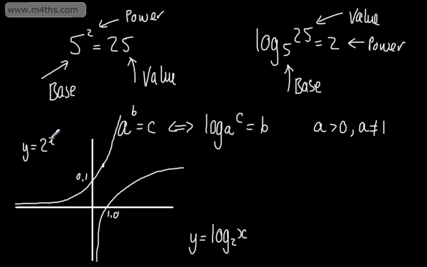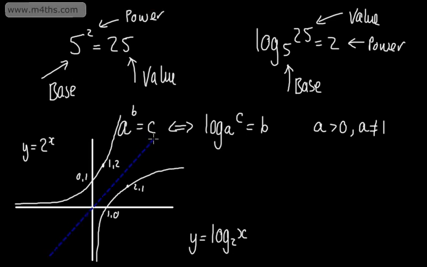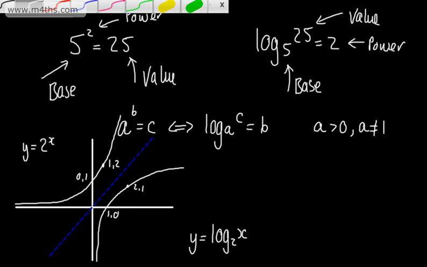Well, if x is equal to 1, 2 to the power of 1 is going to give me 2. So we've got 1, 2. If I consider x is equal to 2, what power do we need to raise 2 by to get 2? The answer is 1, and we'll have the point just here, and that's going to be the point 2, 1. We can see this is reflected in the line y is equal to x, so the coordinates change over. So hopefully you can see the relationship between the two.